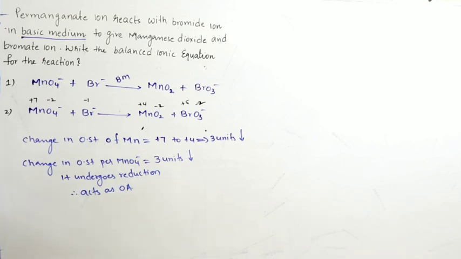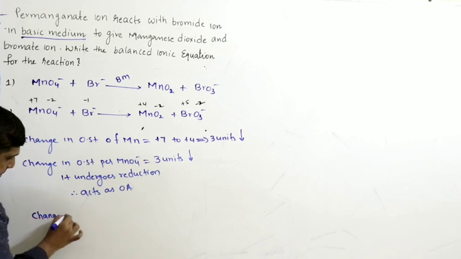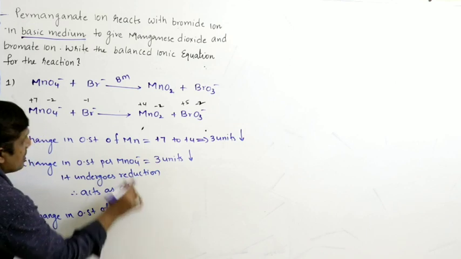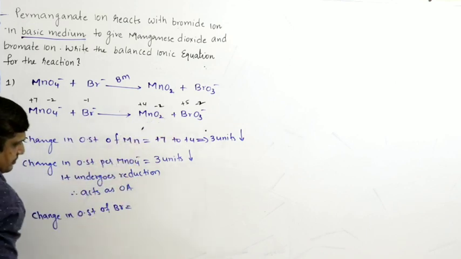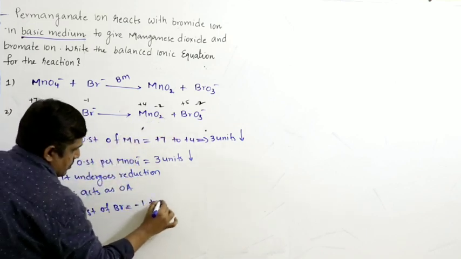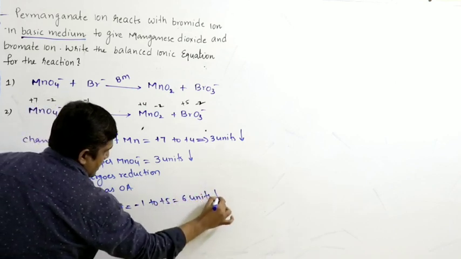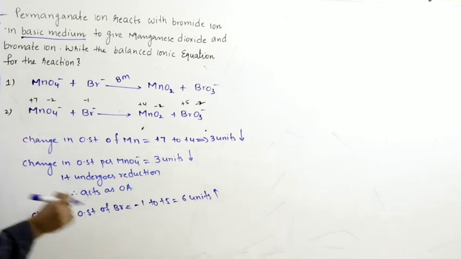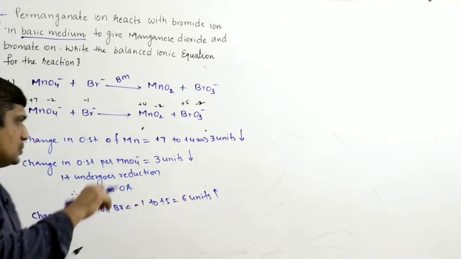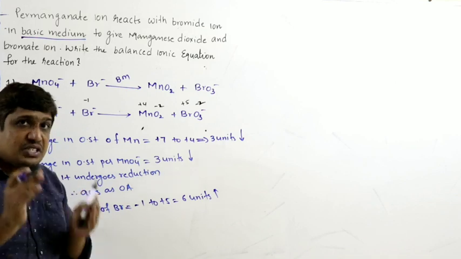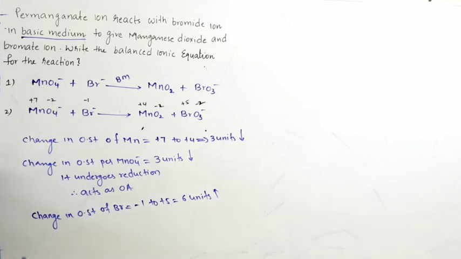Next, bromine. -1 to +5, that is 6 units increase. -1 to 0, 0 to 1, 1 to 2, 2 to 3, 3 to 4, 4 to 5. So, total 6 units increase.